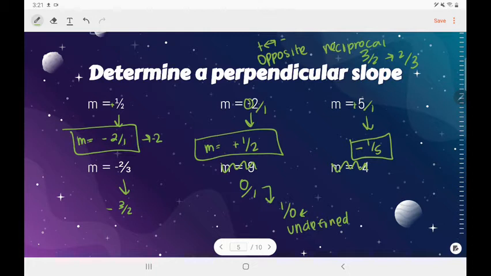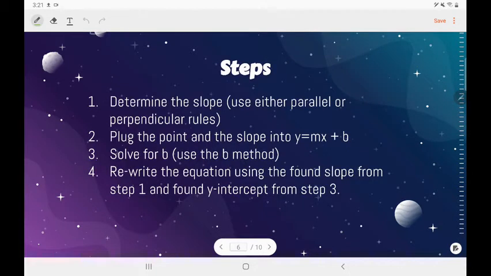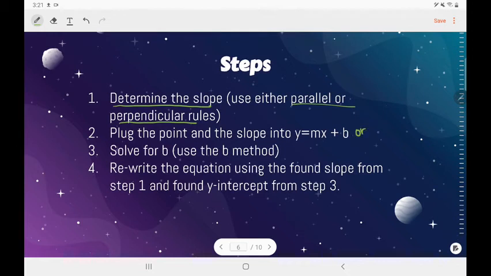Let's go over a few examples of how to write equations that would be parallel and perpendicular. So here are my steps. First, I'm going to determine the slope. So I'm either going to use my parallel or my perpendicular rules. My second step is I'm going to plug the point and the slope into y equals mx plus b, or y minus y1 equals m times x minus x1.